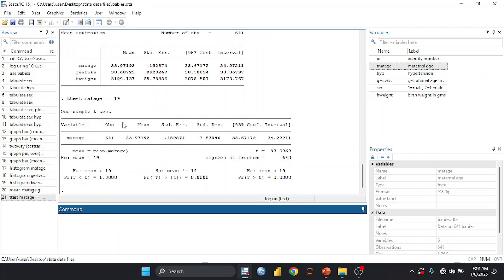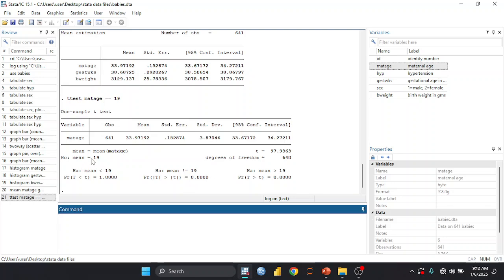Now we have observations, the maternal age, the mean, this is the actual mean. Then our null hypothesis that it is 19. Then this is what we interpret, 0.00. This means that it is not 19.